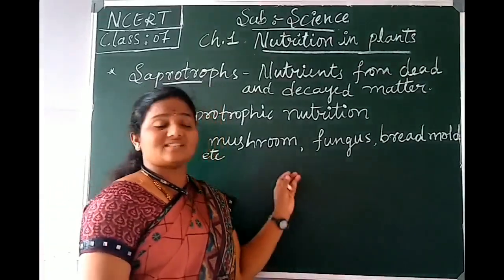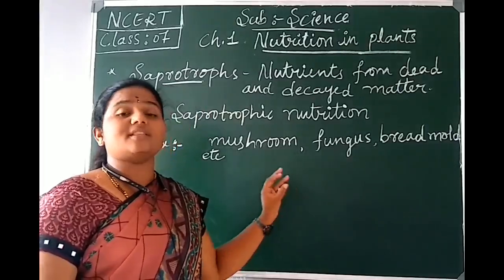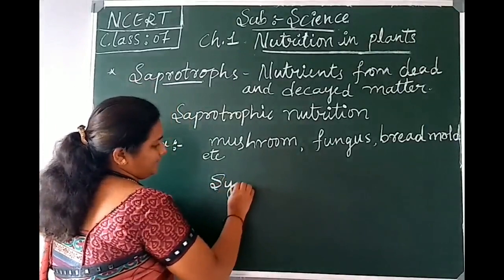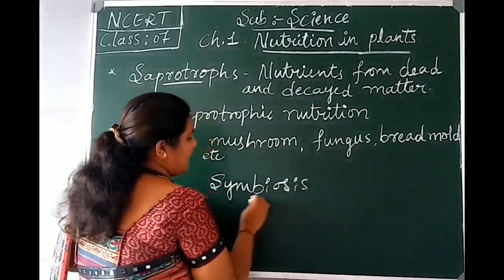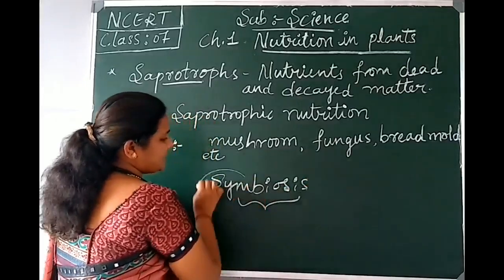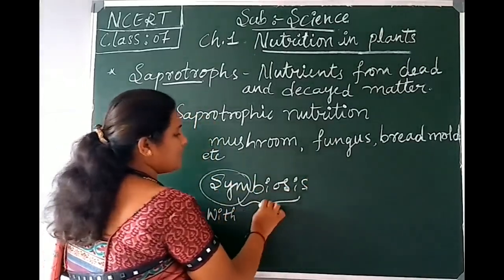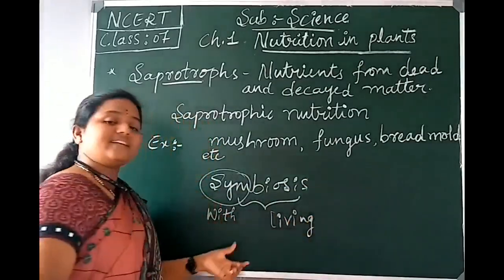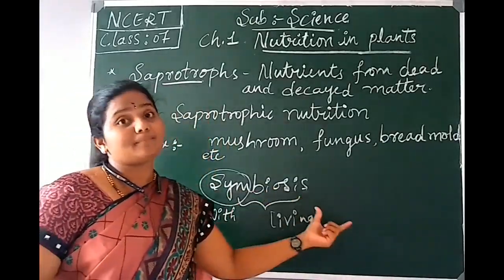Along with saprotrophic nutrition, certain organisms show a relationship called symbiosis. What is that? Symbiosis. It is actually a Greek term, children. Sym means with. Bios means living. Organisms living together is called symbiosis.